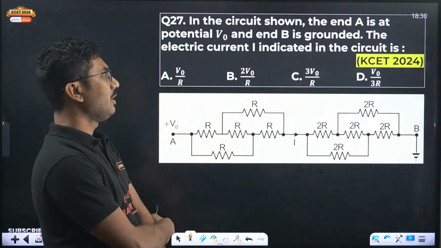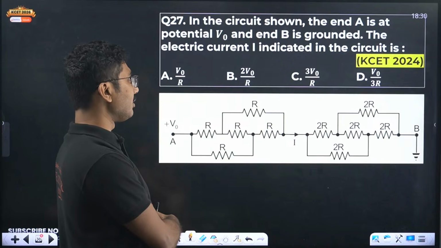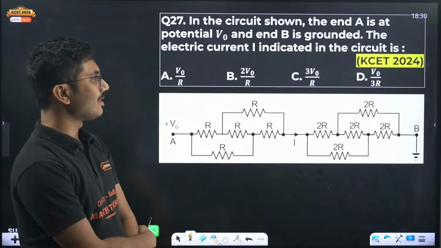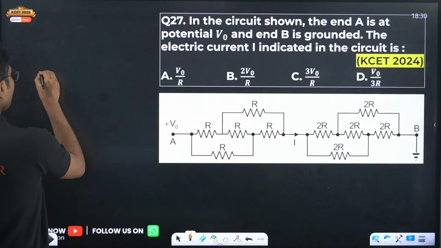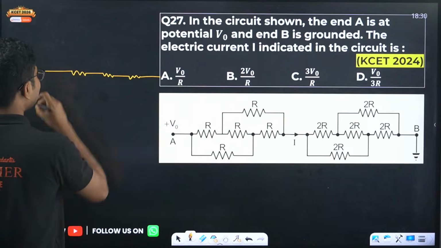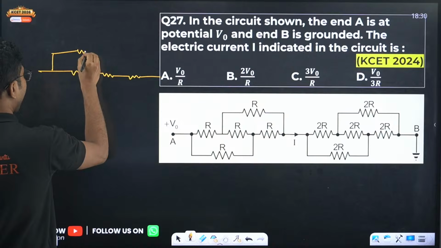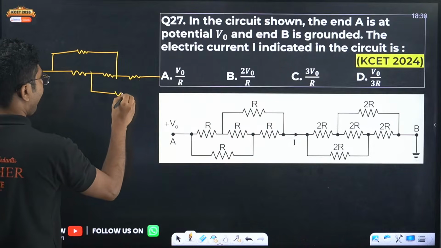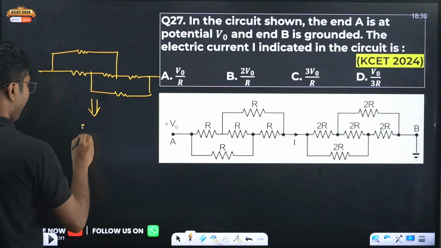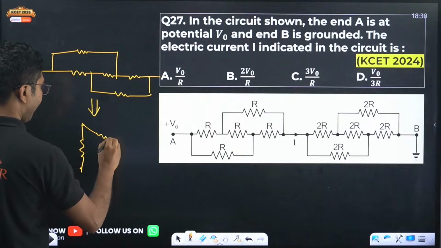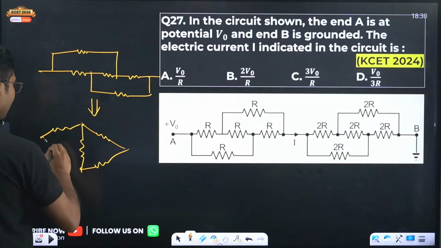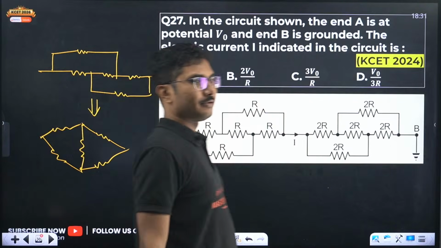In the circuit shown, the end A is at potential V0 and end B is grounded. The electric current indicated in the circuit is? Any circuit which is drawn like this, remember this pattern. If you redraw this circuit, it will be our own favorite circuit, that is the Wheatstone bridge.